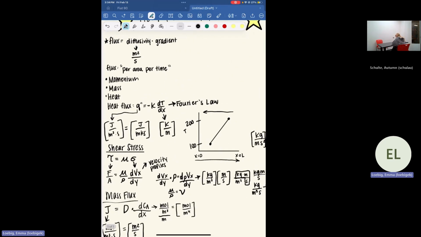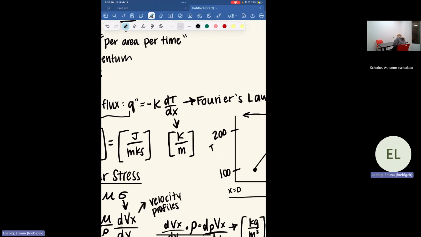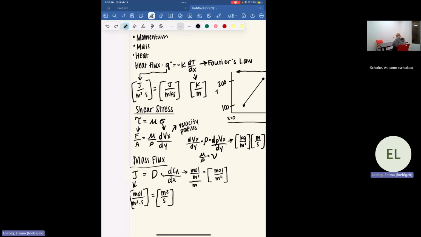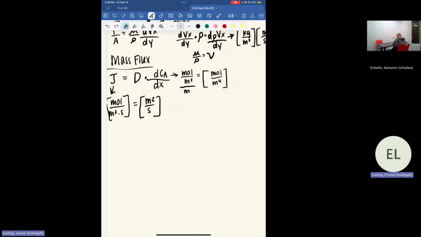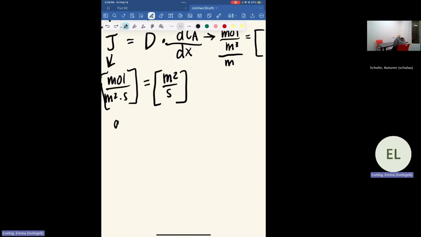Now, taking a look at our heat flux equation again, we can see that this is not really a concentration like our other examples. So let's write that down here. Heat flux is equal to the negative thermal conductivity multiplied by the change in temperature with respect to position.